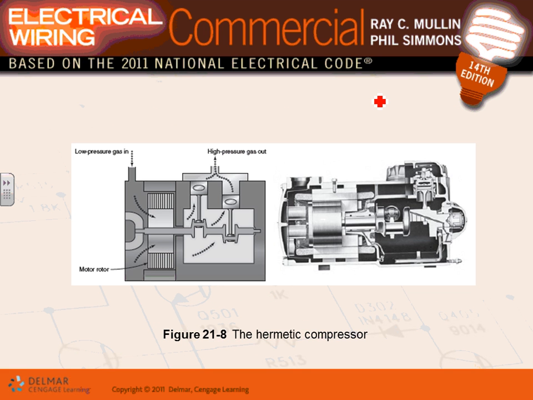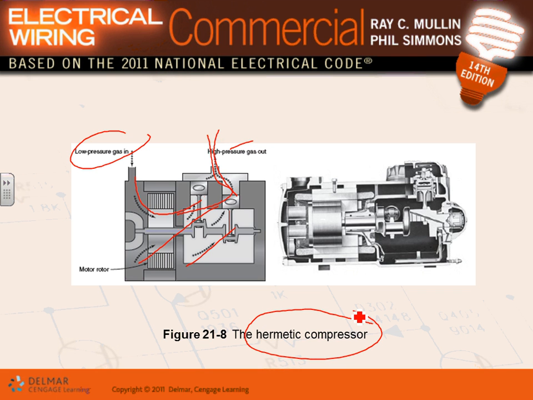This is just a cut-through, guys, showing how the gas goes in here and circulates right over the windings and everything and goes out as high pressure gas here. So in the process, it will cool the motor of the hermetic compressor. Because it's all sealed together, it will cool the motor. Who cares? It becomes a special motor and you need to apply Article 440.